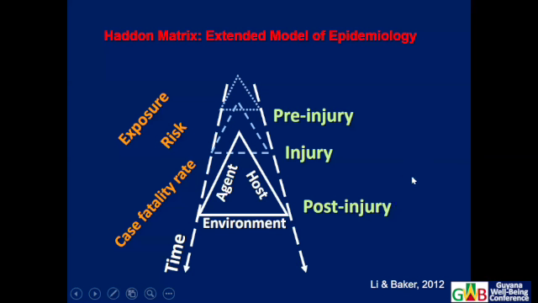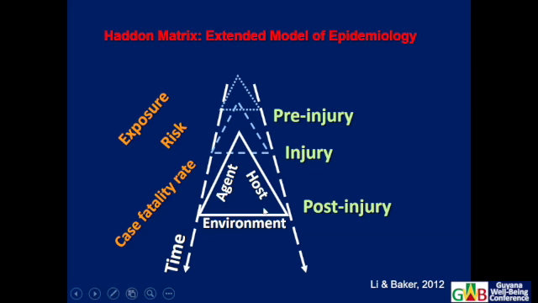What Dr. Bill Haddon did, as I mentioned, is that he made the static epidemiological model into a dynamic model by adding that time dimension. And this is my graphical interpretation of the Haddon matrix.